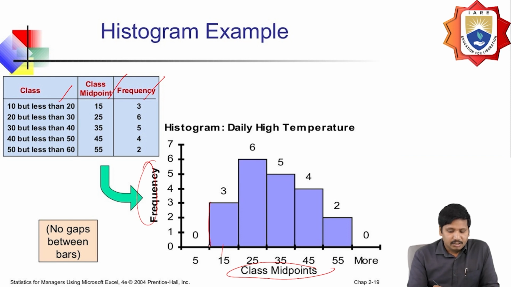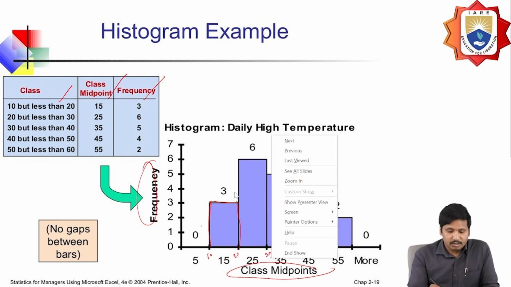The class frequency is 3, so I have to construct a bar of height 3. The axis should be 10, 20, 30, 40, and 50. Between 20 and 30, the midpoint is 25.